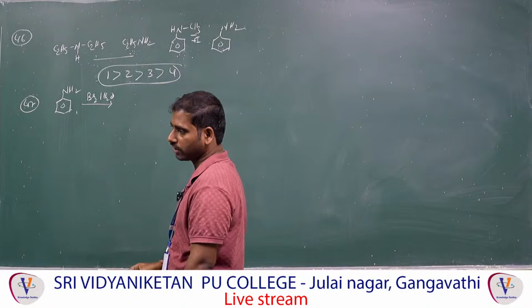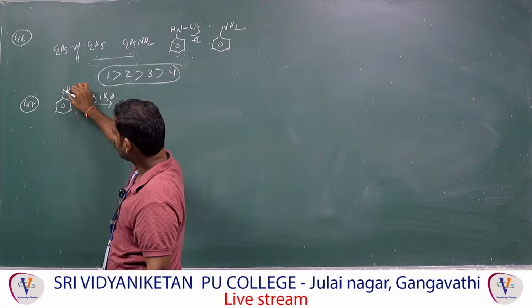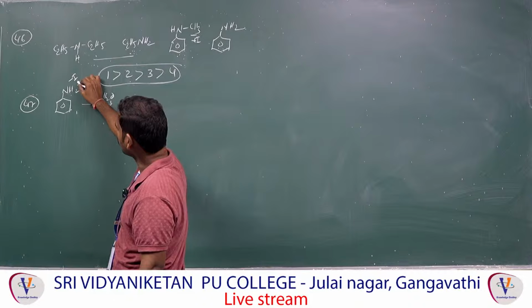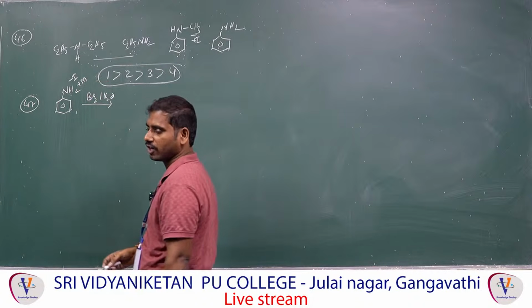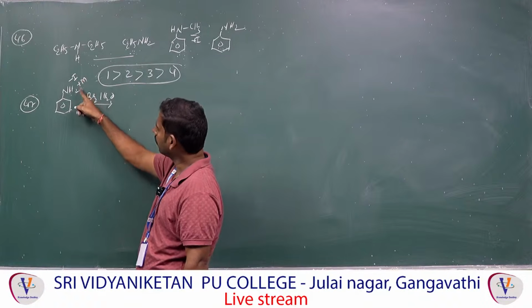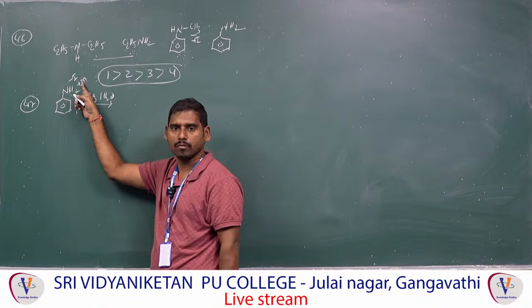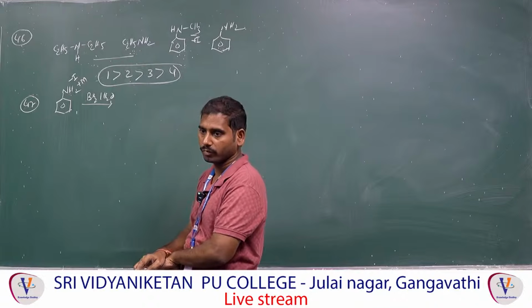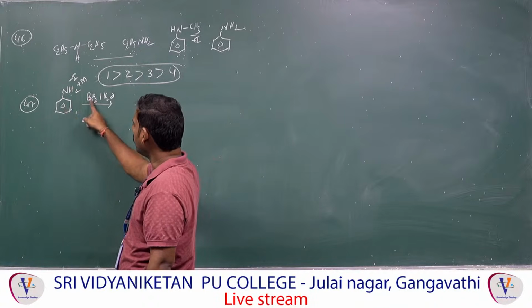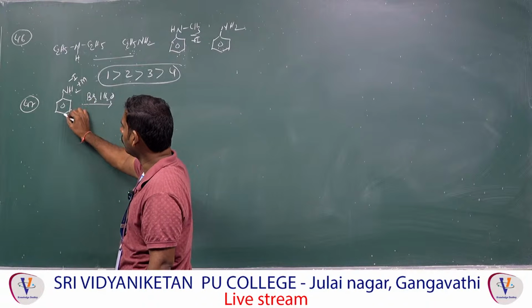Bromine water is a polar protic solvent. This NH2 has a minus I inductive effect and a plus M mesomeric effect. That means it is both electron withdrawing and electron donating, but the dominating factor is plus M, so it is an electron donating group. When an electron donating group is present on the benzene ring, the incoming electrophile attacks at ortho and para.